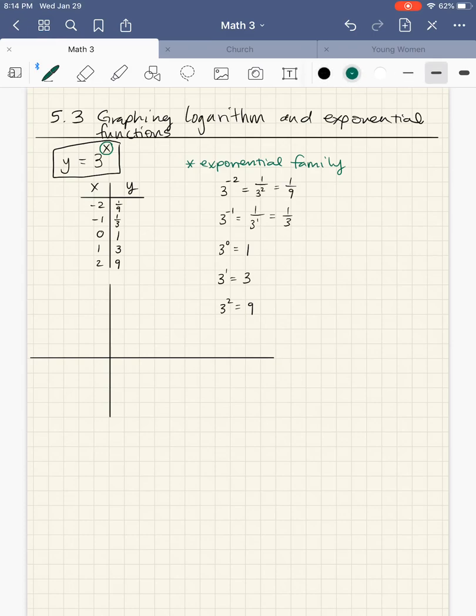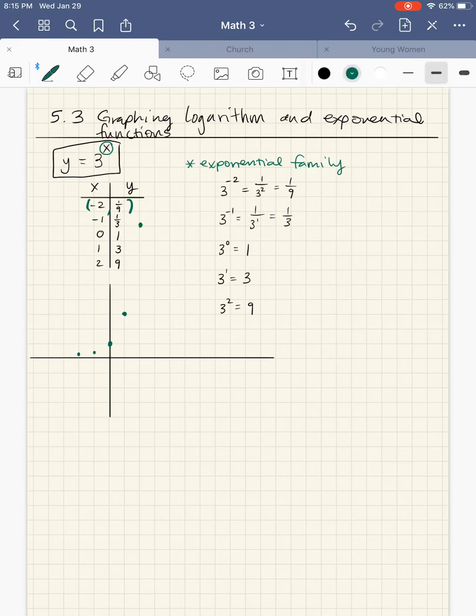If we go -2 and 1/9, that means I go left 2 and up just a little bit, 1/9 maybe. And this one would be -1 up 1/3, so just a little higher. And then 0, 1 would go right here. 1, 3 right here. And 2, 9, right there.